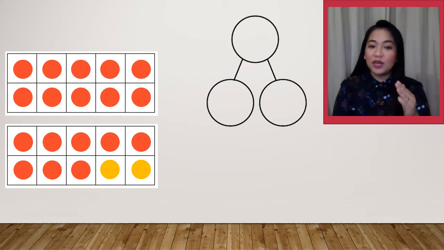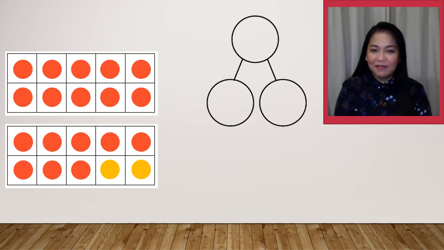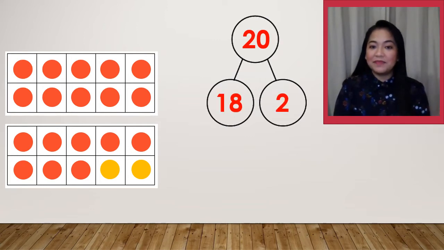Do this on your own part-whole model as well. So, what is our whole number here? Yes, 20. And the parts? Well, as you can see on the 10 frames, our parts are 18 and 2.